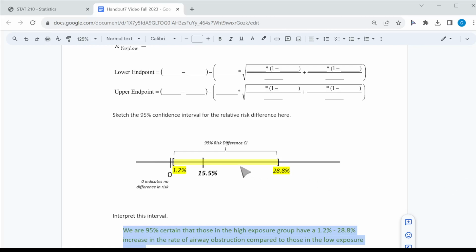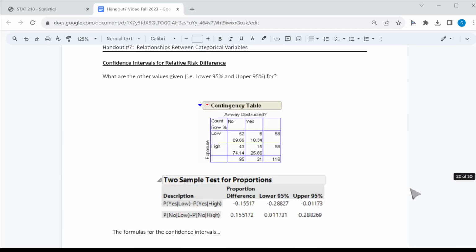If the interval was completely negative, we would still say a difference exists because the interval does not capture 0. And the higher exposure group would have a higher rate here. That's how you get a negative value, if this thing is higher than this one over here. You'd be saying the same exact things, it's just how the math was done to get this differencing.